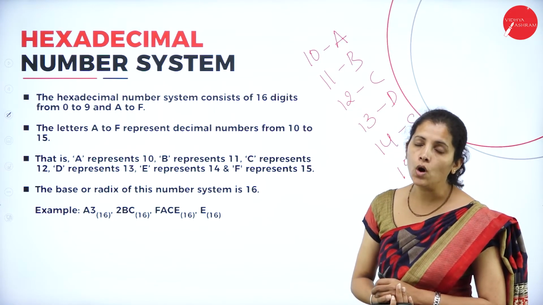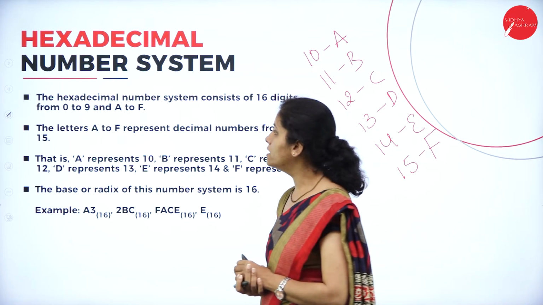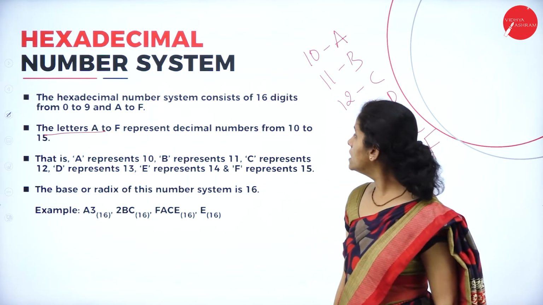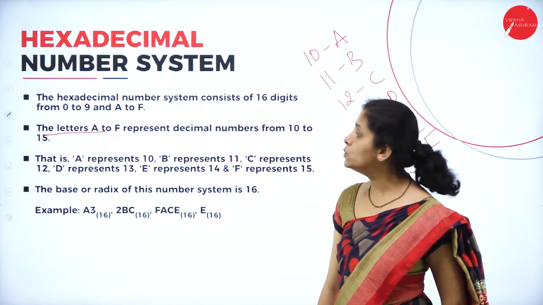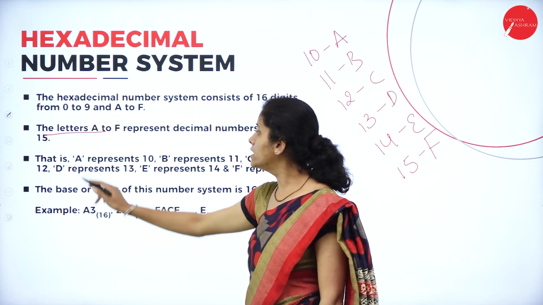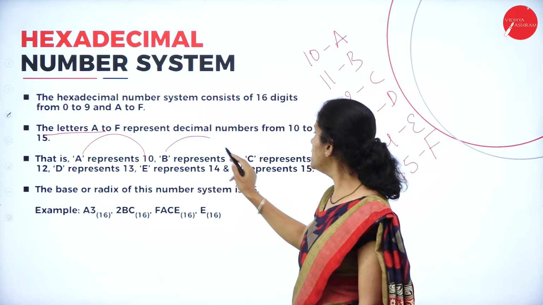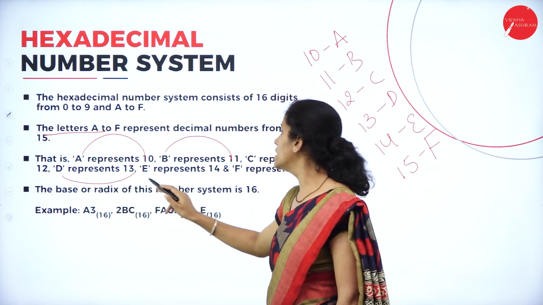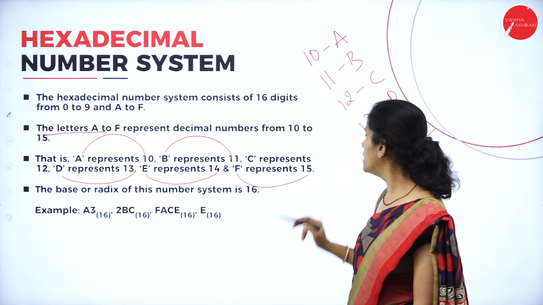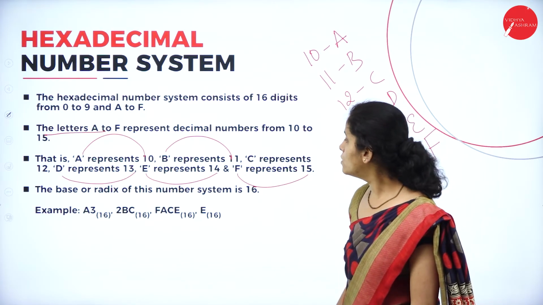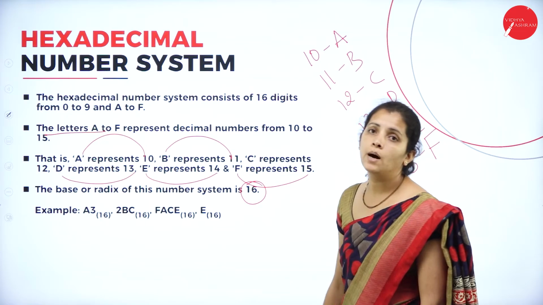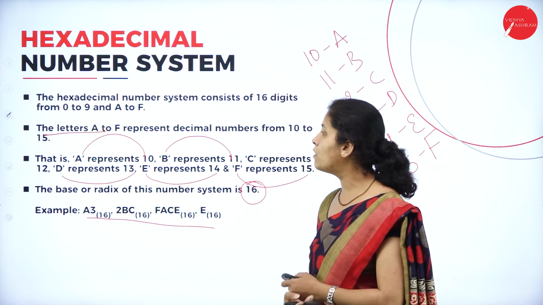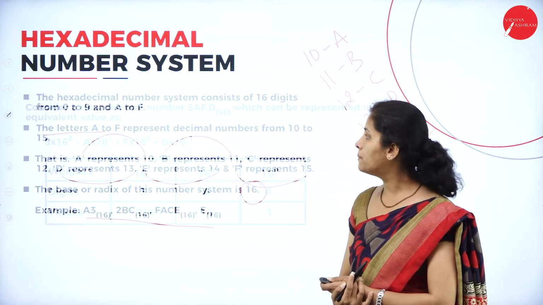That is 0 to 15. The letters A to F represent decimal numbers from 10 to 15. So A is 10, B is 11, C is 12, D is 13, E is 14, and F is 15. For that reason, the base here is 16, and these are examples of hexadecimal numbers.